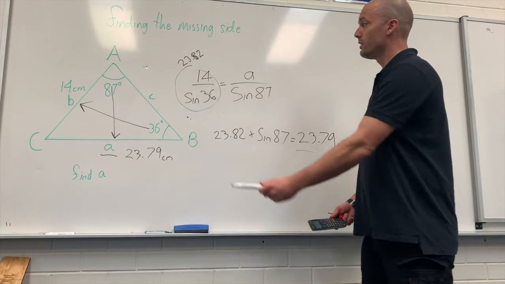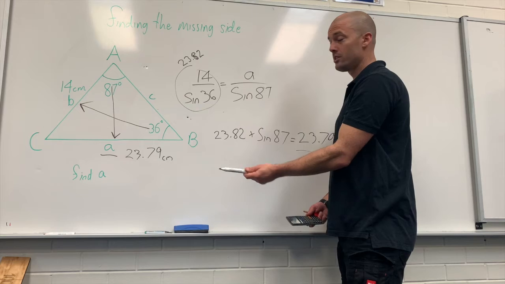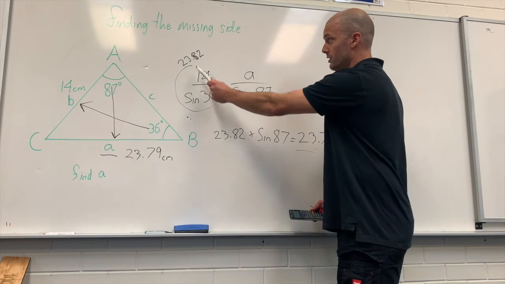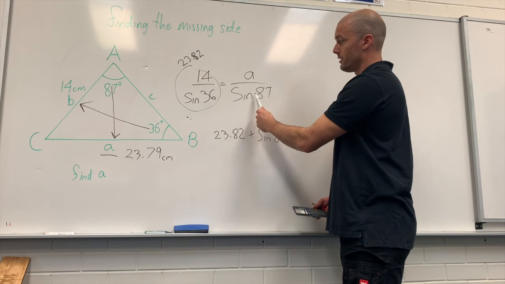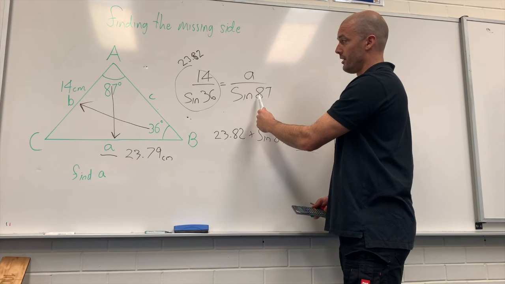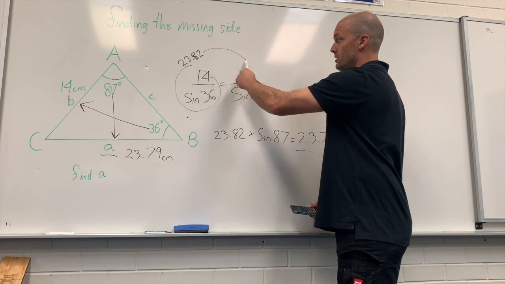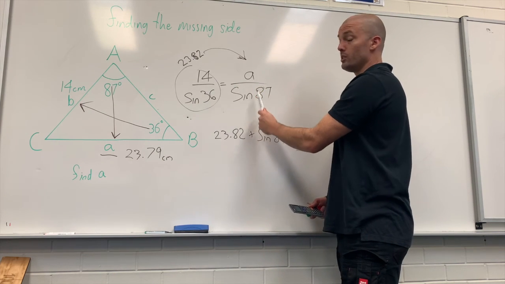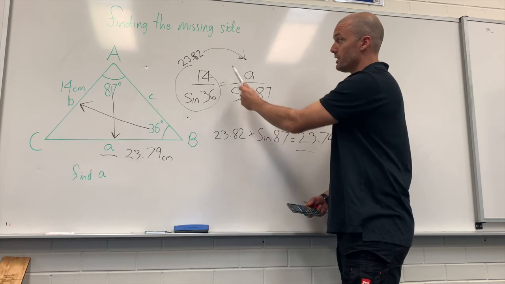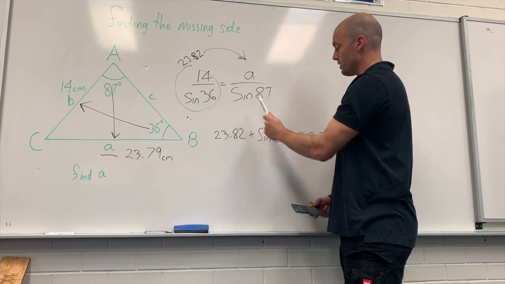Basically you have the two pairs, you can figure out one, which you get the answer for, and then we times it by sine of 87, because basically this is this, but we want just that, so we do the opposite. We times it by sine of 87, and we get just the A.